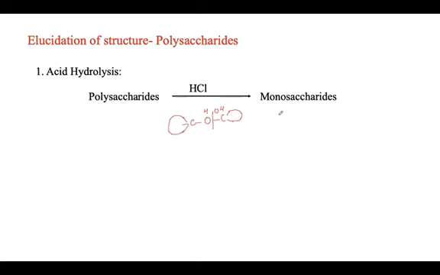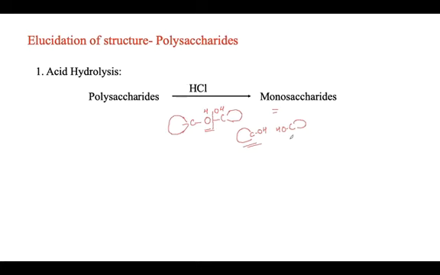So each glycosidic linkage is hydrolyzed and we get the different monosaccharide units. It will be formed like this: this is a ring, and here we have a hydroxy group, and similarly this is a ring and we will have CO. That is how the monosaccharide units are formed.